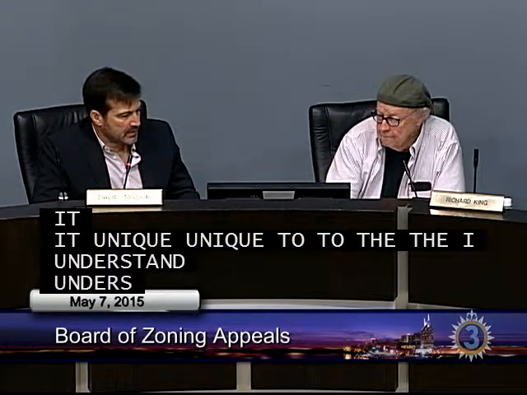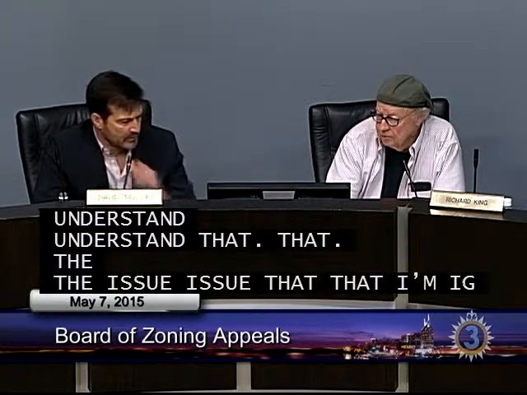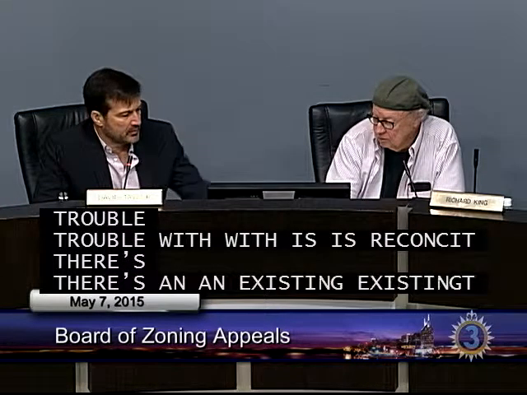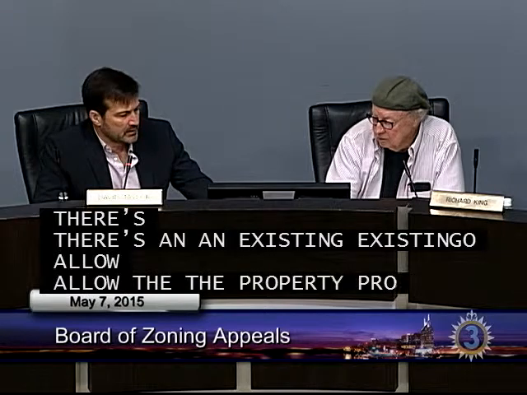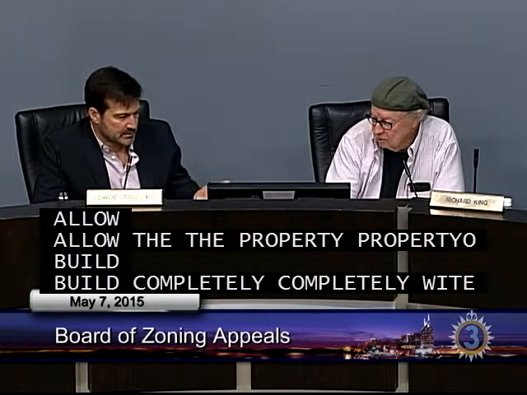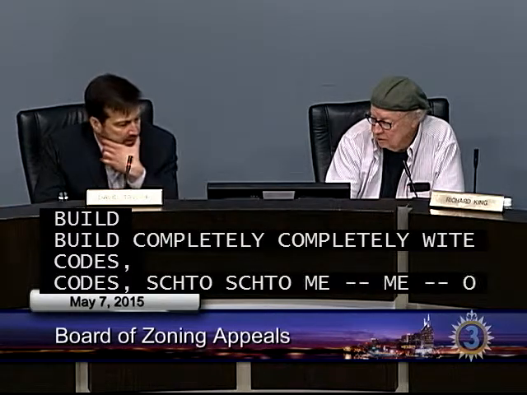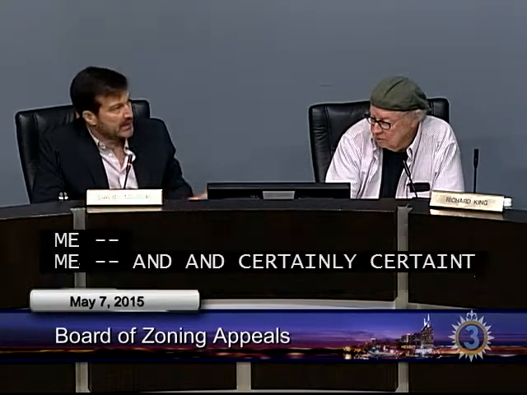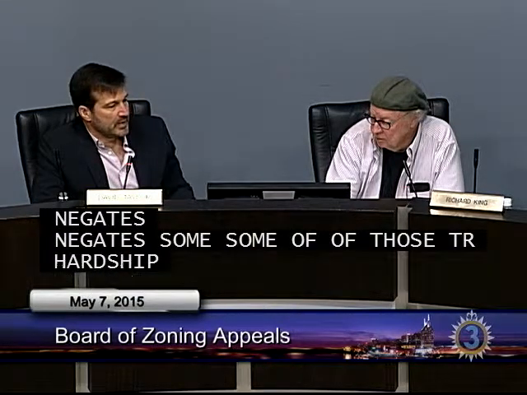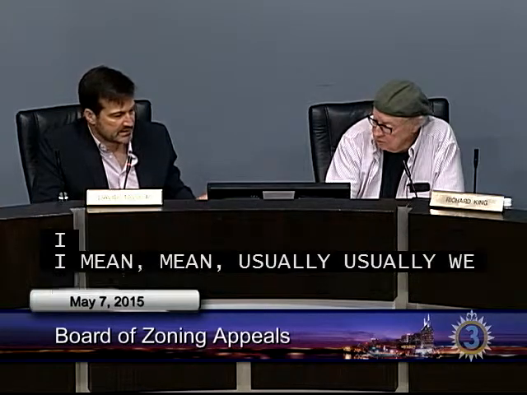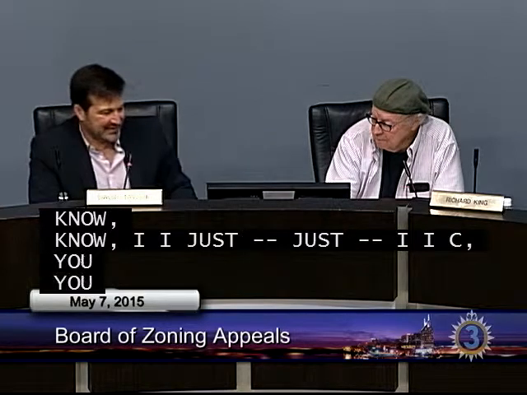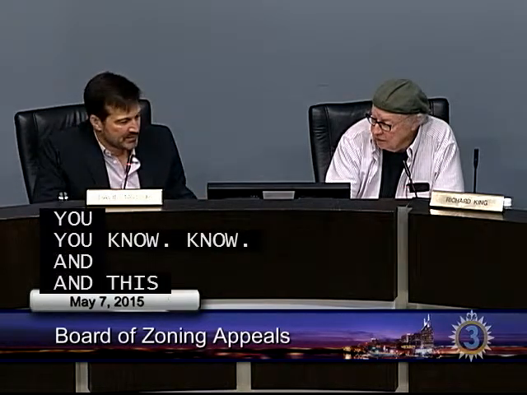The issue that I'm having trouble with is reconciling that there's an existing permit to allow the property owner to build completely within the codes, which to me negates some of those other hardship questions. Usually we have appellants come and say, I can't do it, and this one didn't, because there are existing permits out there to say no.